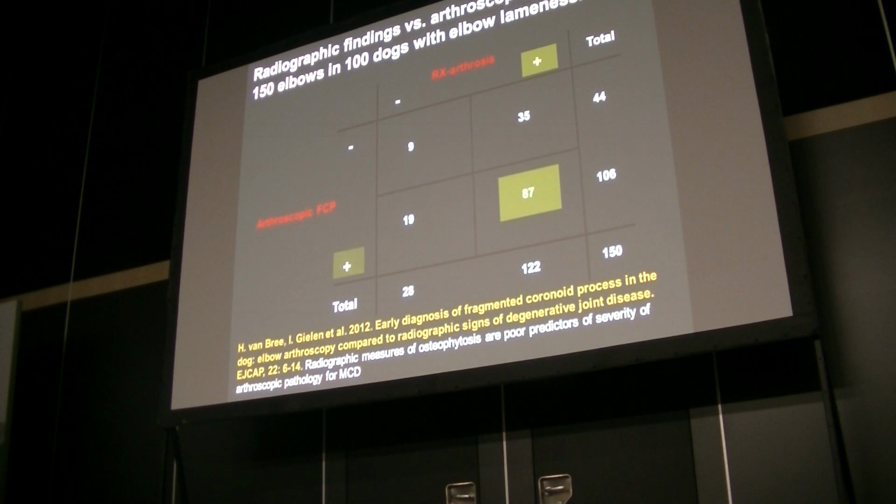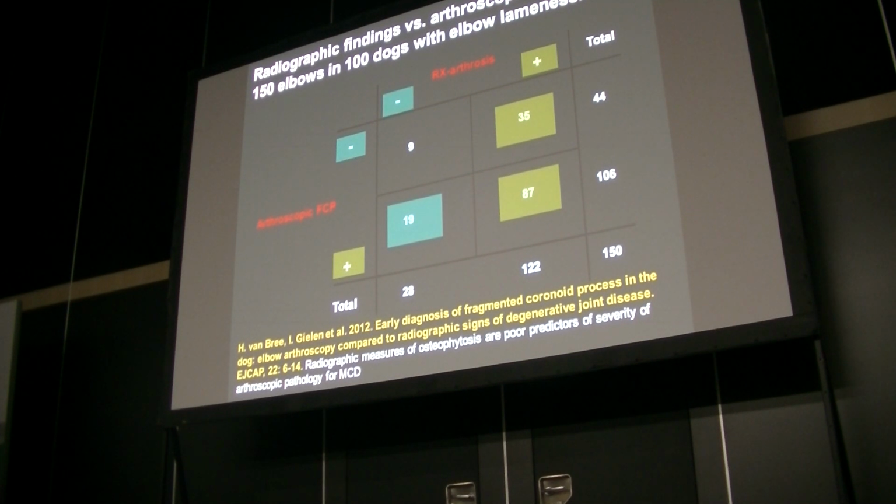If we look to the ones that were scored positive for arthrosis, that were in total 122 elbows, and in 87 of them, the finding of a fragmented coronoid process could be confirmed on arthroscopy. In 35 cases, however, there was arthrosis, but there were no findings at the level of the coronoid on arthroscopy. So it means that we were dealing with false positive cases, 35 of them.